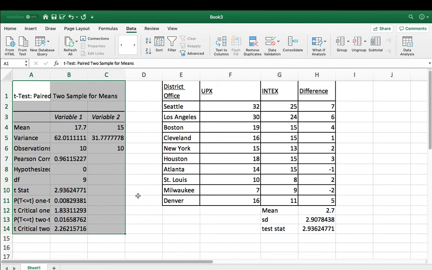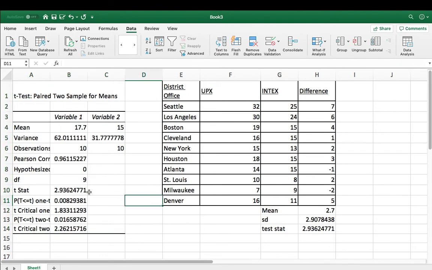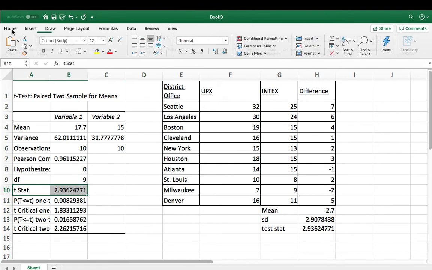So we've got a whole bunch of output come through from Excel quite quickly. You can stop and rewind the video to see how I did that. But in particular, we've got the test statistic, and the test statistic is 2.93. It's that value we got in there. So when we did it more manually, we actually had to jump through a couple of hoops to get there, and that's a very important figure.